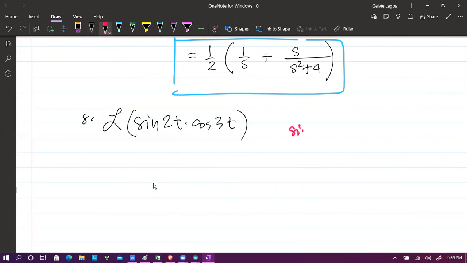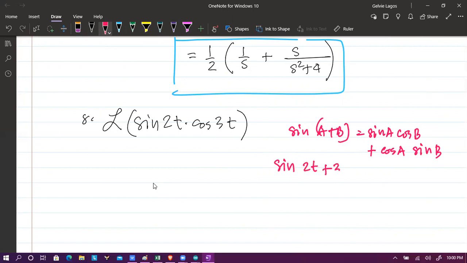Recall that sine of a plus b is equivalent to sine a cosine b plus cosine a sine b, right? Yes, of course. Now let's try 2 and 3. Sine of 2t plus 3t.